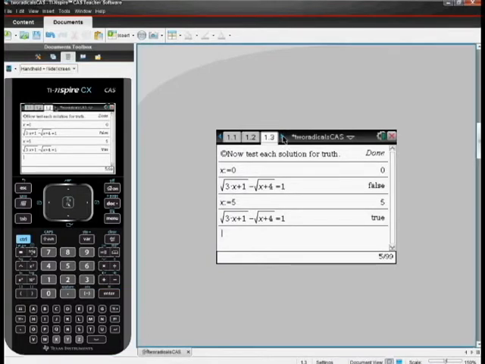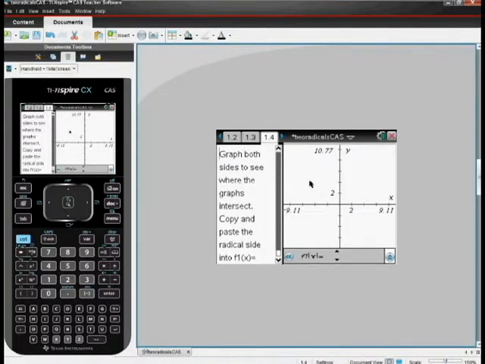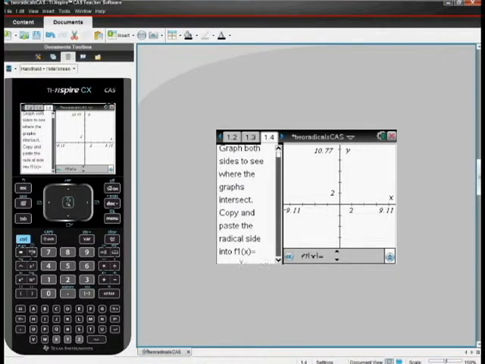Now on the next page they're going to show you, and I have not showed you, but you can split the screen on this calculator and have a notes page on the left, which they've done, and it says graph both sides to see where the graphs intersect. Copy and paste the radical side into f1 of x.